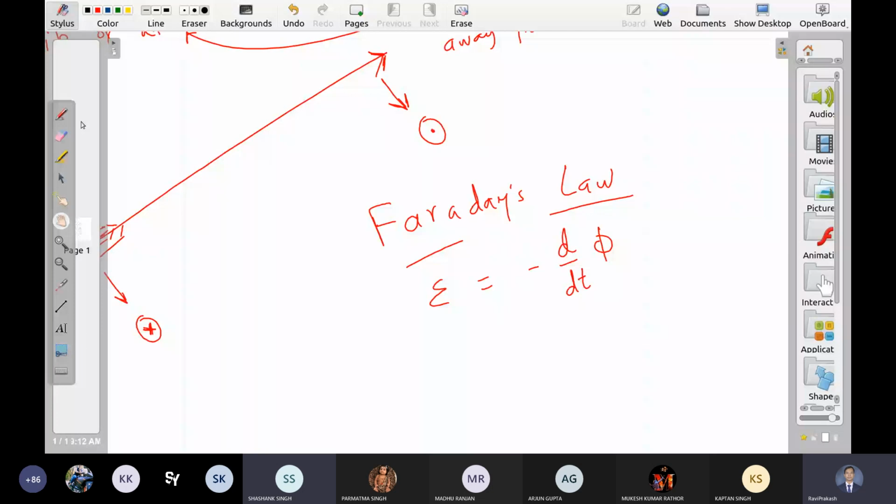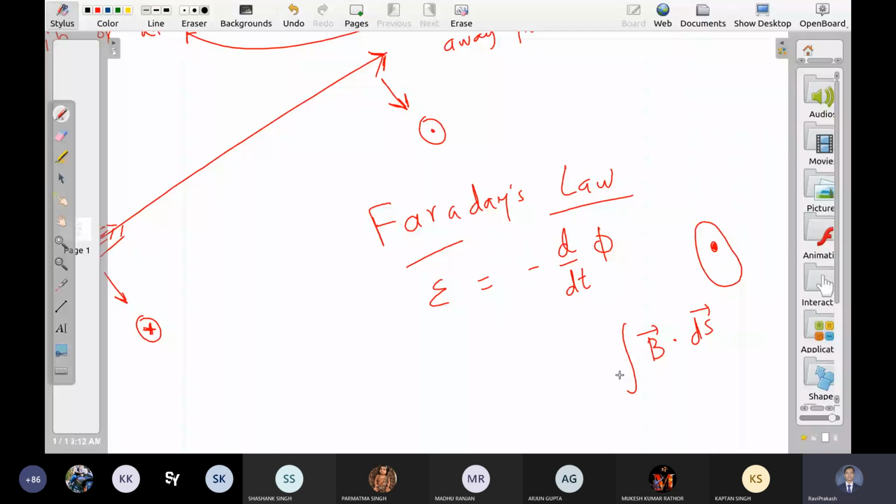E dot the corresponding surface vector. Flux passing through this complete loop is the integral over the surface, and take a time derivative. Let me put it inside. So this is a surface integral. What is this? This is the induced EMF.